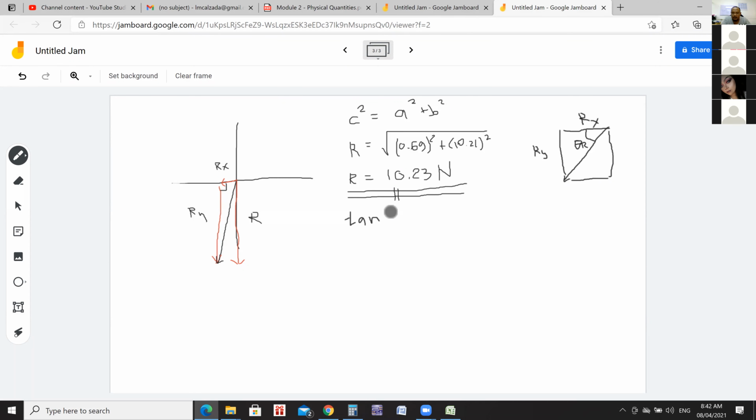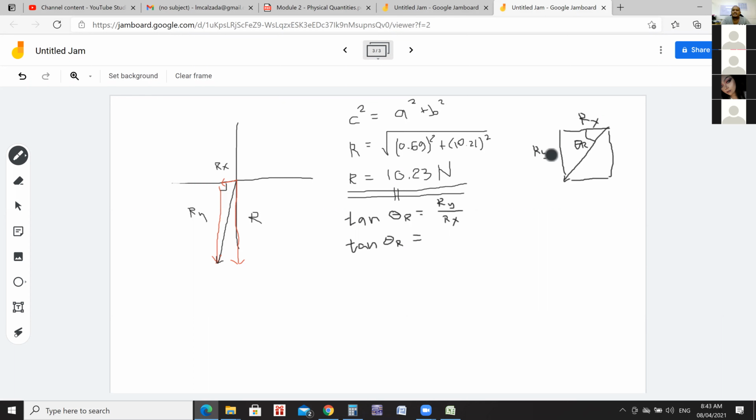Tangent of theta R is equal to opposite, which is RY, all over RX. So tangent of theta R is equal to how much is RY?